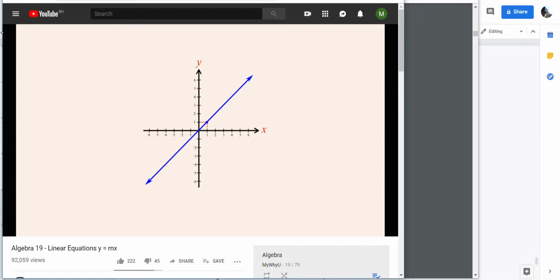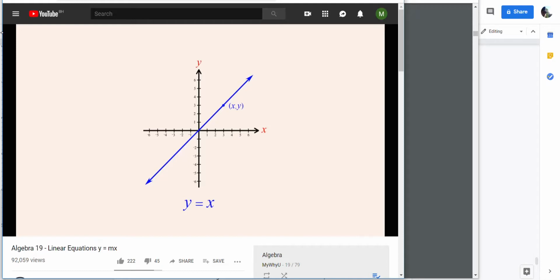This equality between x and y applies to every point on this line. Therefore, the equation y equals x describes this function. This equation states the condition that the x and y coordinates of every point on the graph have the same value. We say that the coordinates of any point on this line satisfy this equation.